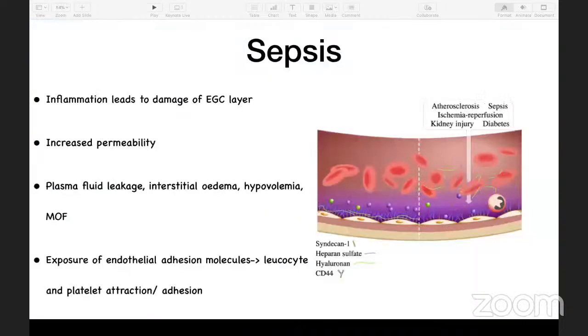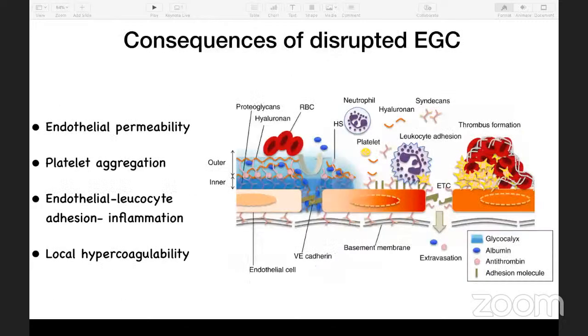So I've already said this: sepsis, inflammation leading to destruction of the glycocalyx, increasing permeability of the endothelium, causing leakage of plasma, interstitial edema, hypovolemia, and tissue and organ damage. Also, since the glycocalyx is destroyed in sepsis, we shall have the adhesion molecules of the endothelium exposed, and we shall have leukocyte and platelet adhesion, leading to a state of DIC.